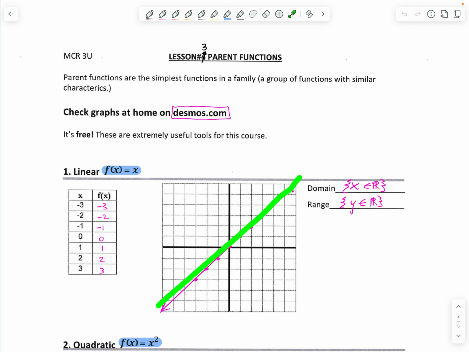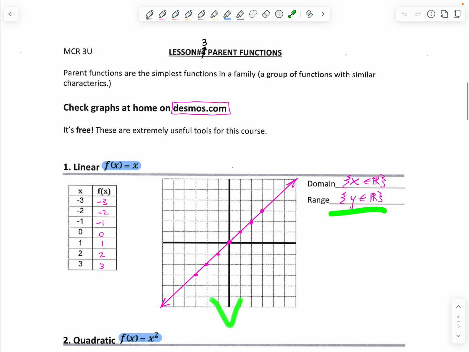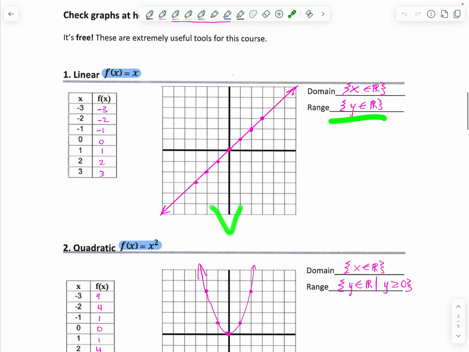So I get a linear function like this. The domain would be x is an element of the real numbers, because it stretches out horizontally infinitely in either direction, and it goes vertically in either direction, so that's what makes the range an element of the real number set as well. Okay.